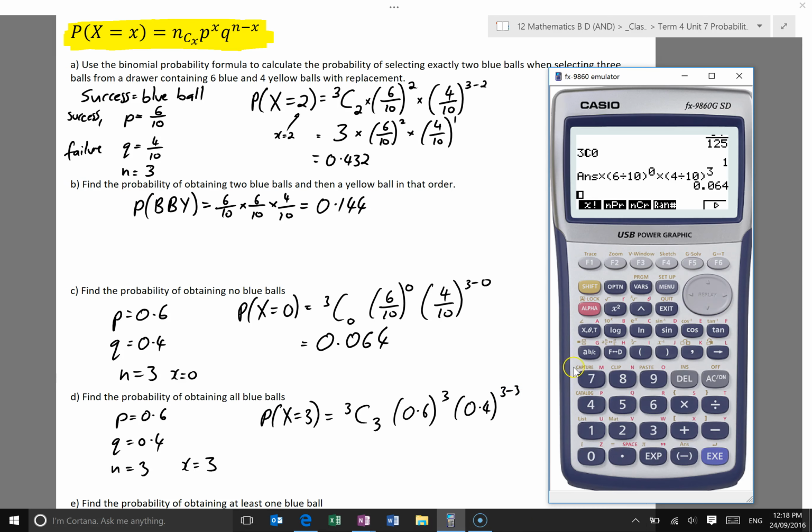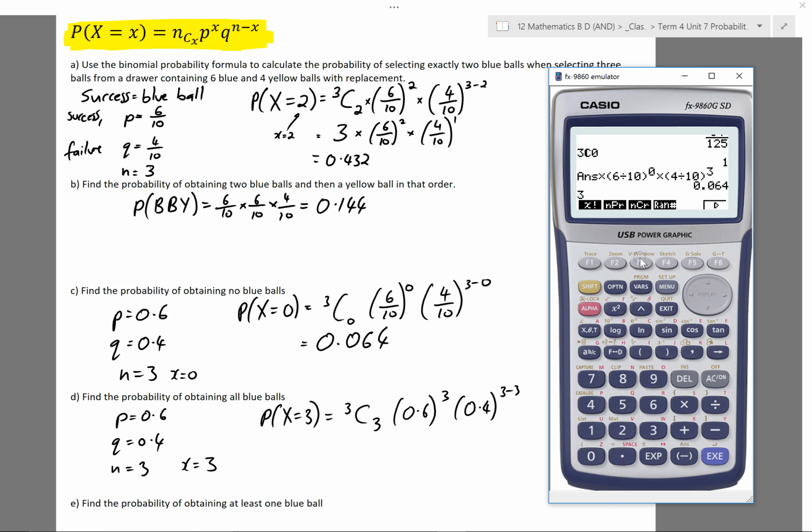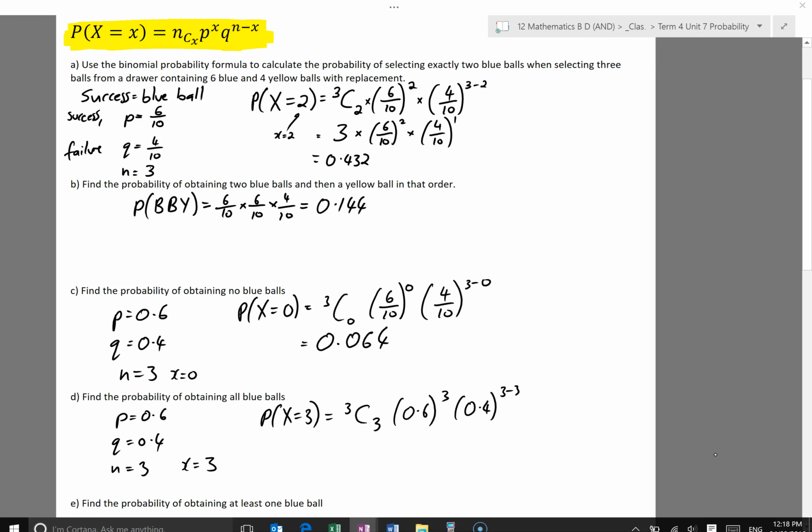Again, enter calculator. Interested to see what 3C3 is. How many different ways can I get all blue balls? Oh, only one. And I can go crazy. So 0.216 for all blue balls.